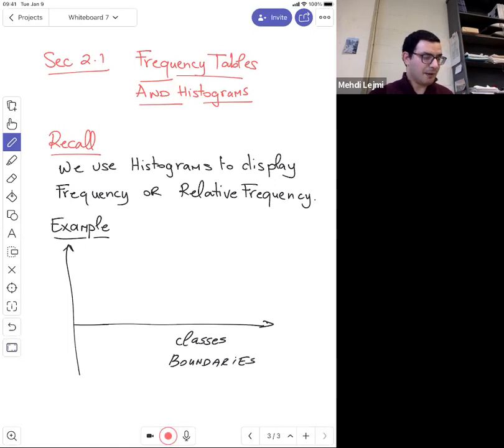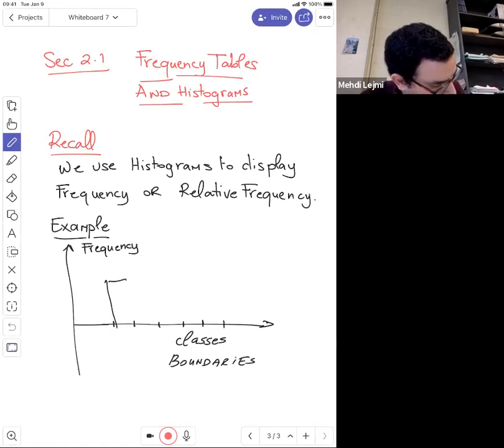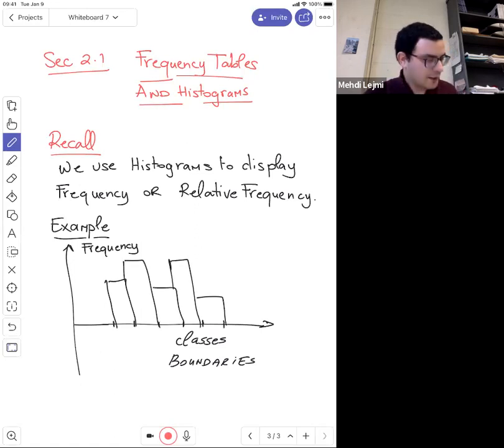It depends on the question or on the problem. So let's say this is your frequency, or relative frequency, and then you have your histogram. You have your class boundaries, and each frequency is represented by a rectangle, so you have a bunch of rectangles, etc.